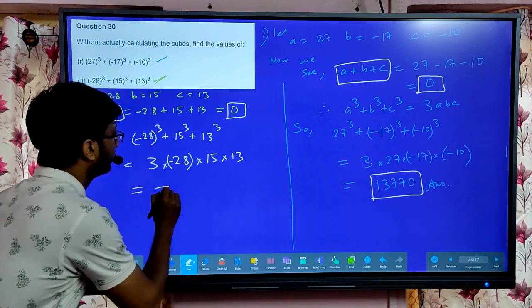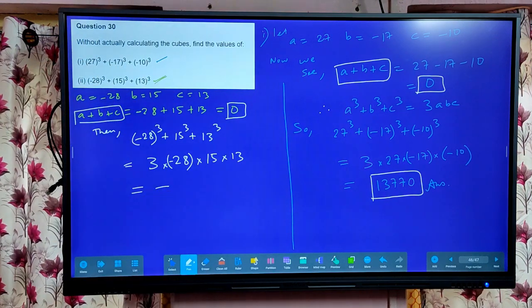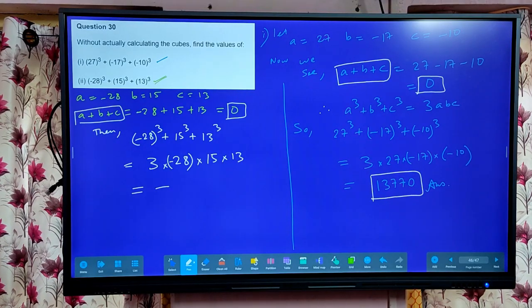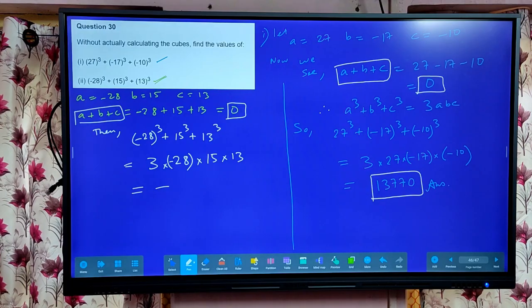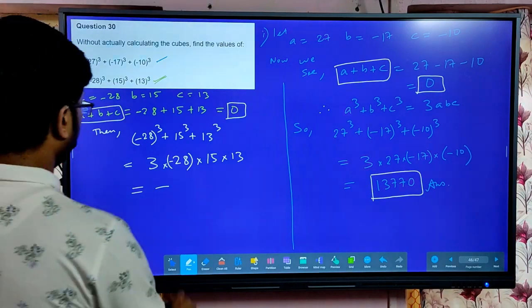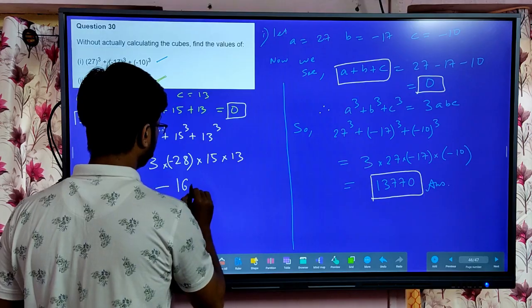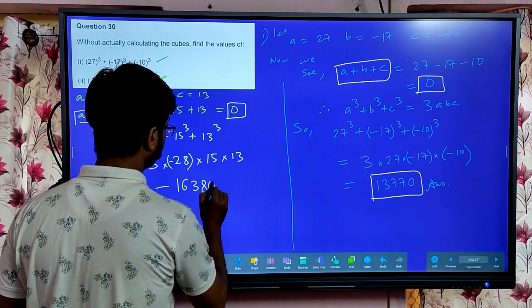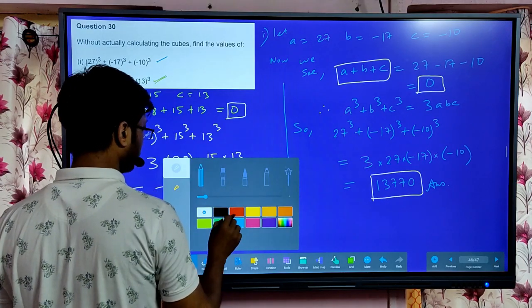This will be negative, right? So multiply this. What will be the value? If you calculate it, it will be 16380. This will be the answer.